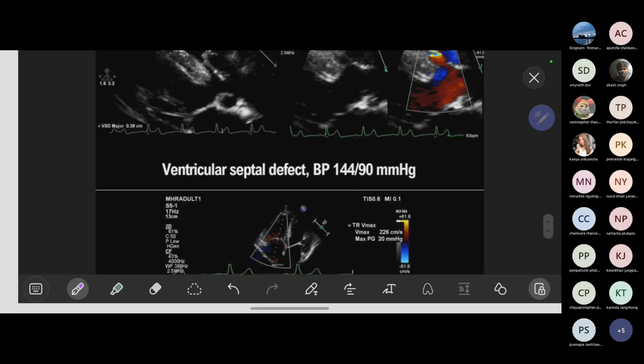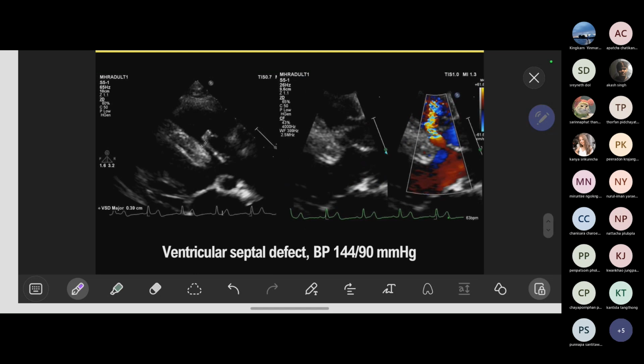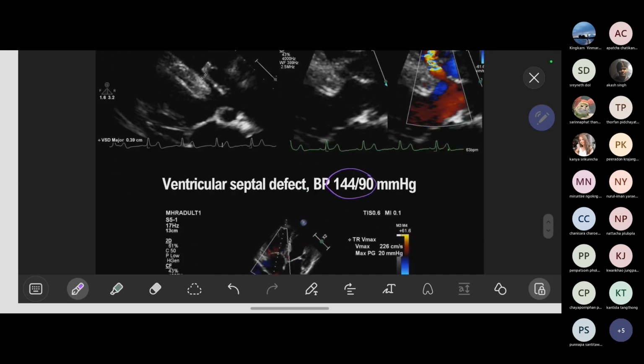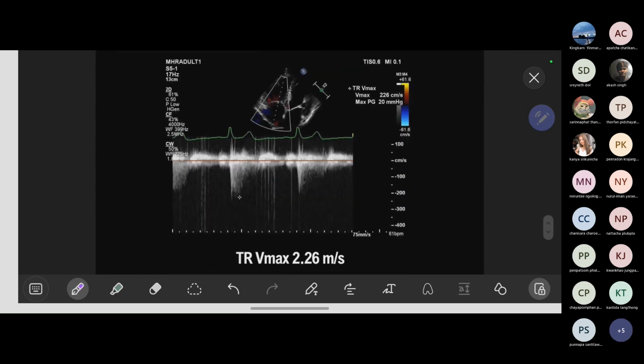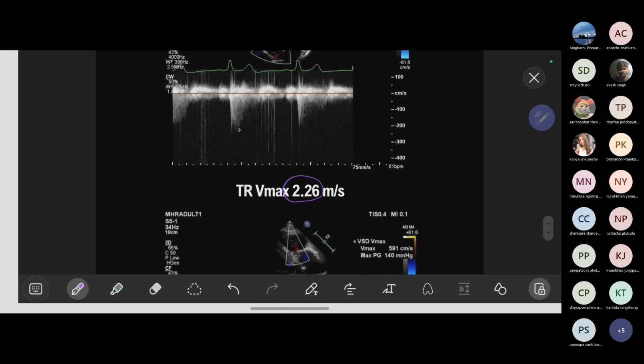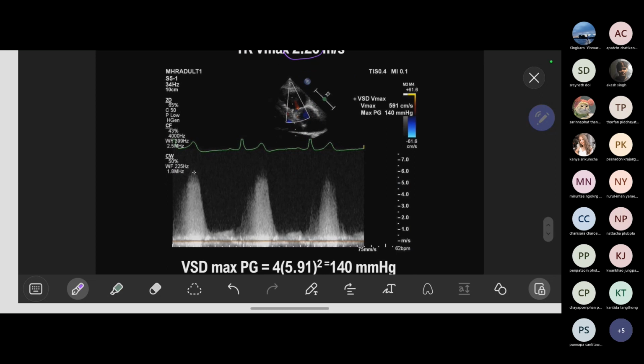Case 4. Patient with VSD. His blood pressure is 144 over 90. TR max velocity 2.2. VSD max pressure gradient is 140.